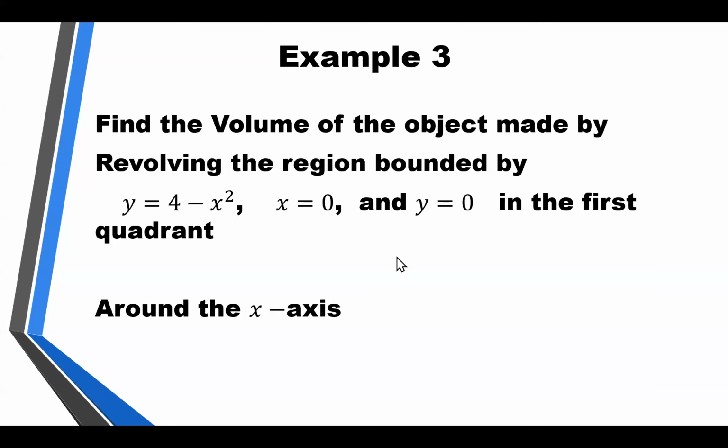So let's go ahead and do that. Let's do another example. In this example, we are going to rotate around a horizontal line that is the x-axis. We will use the same region we've been using for both examples 1 and 2, and we'll take that region and rotate it around the x-axis.